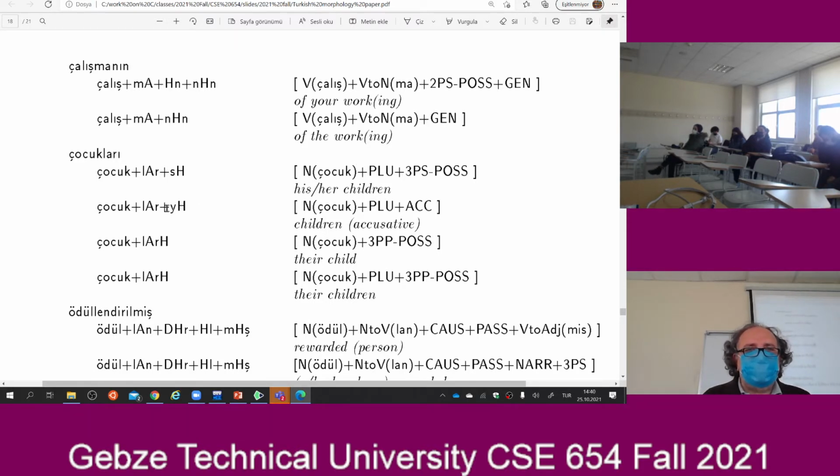Another one is çocukları, just children, but it is accusative. Accusative means the ı suffix, right? Dative is the a suffix, right? So accusative çocukları, and then how about this one?